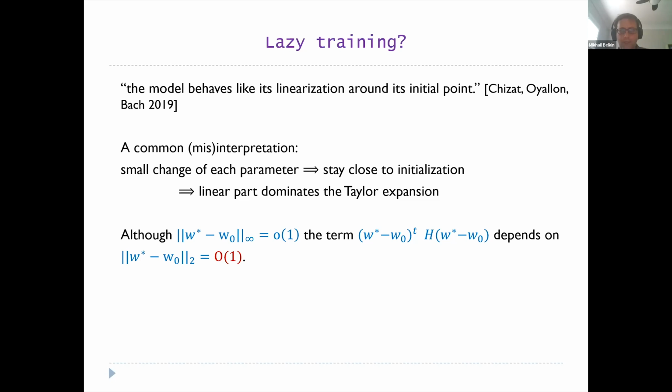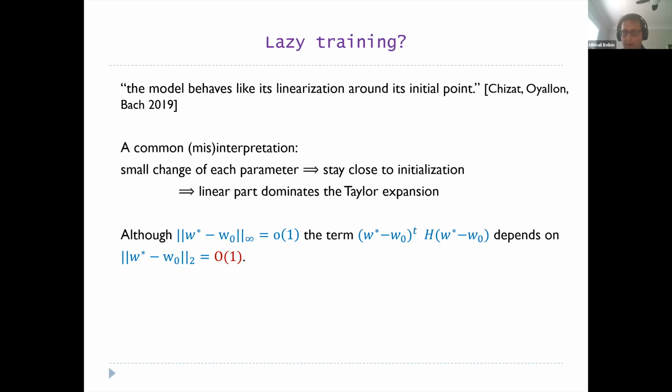Small change of each parameter means that the difference W star minus W0 in infinity norm is small. It's actually 1 over square root of n, but it's little o of 1. But notice that the infinity norm of that vector has nothing to do with the Taylor series. The Taylor series is controlled by the 2 norm of that vector.